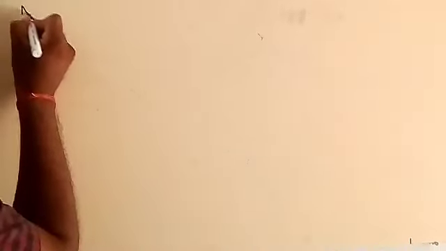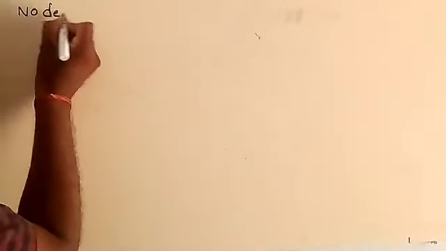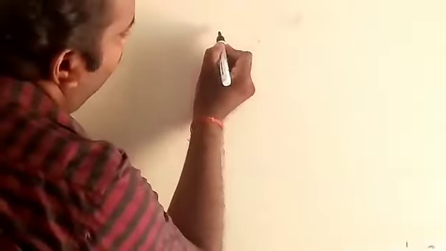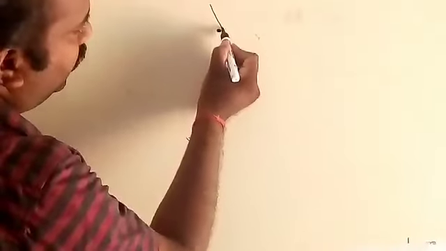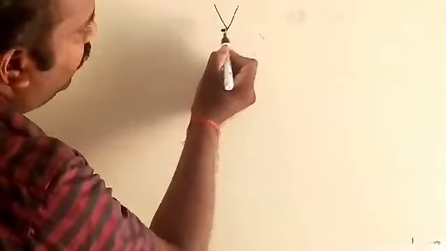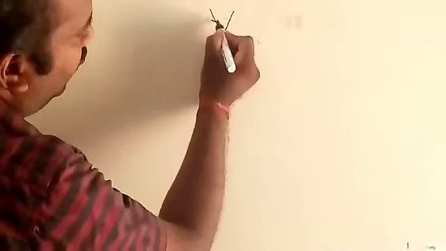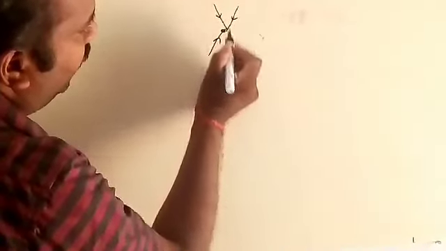First of all, see what is the meaning of node. A node is nothing but a point where more than two currents, if they are meeting, that point we call it as a node.